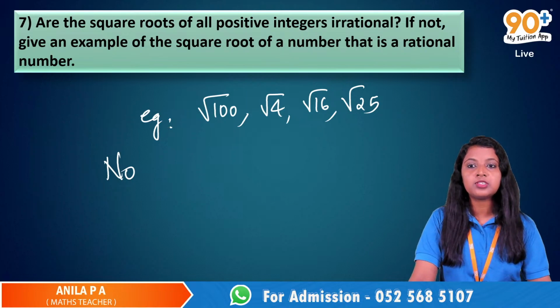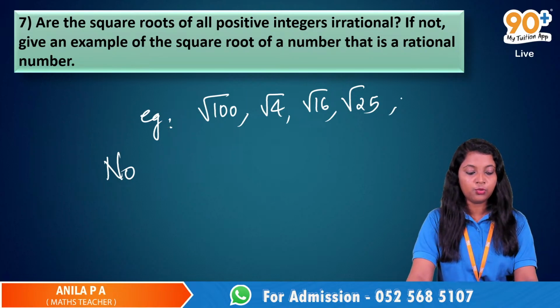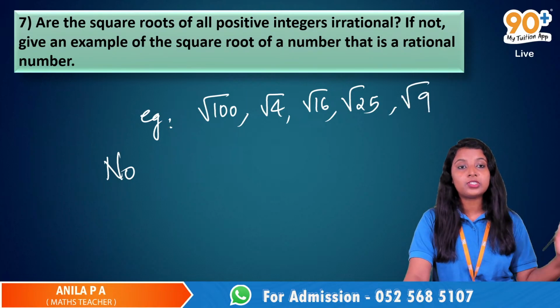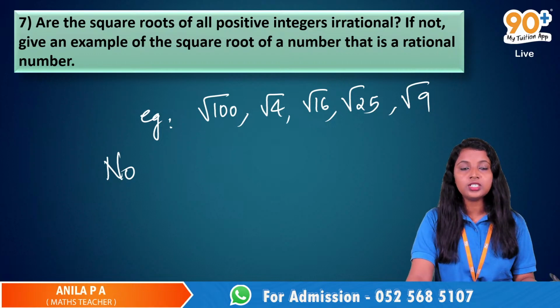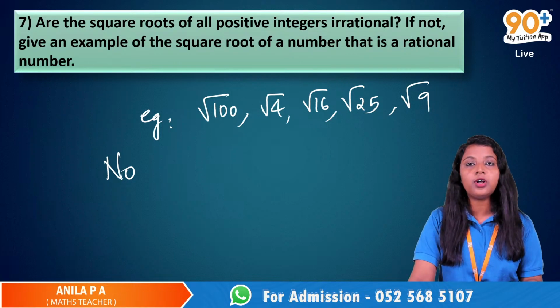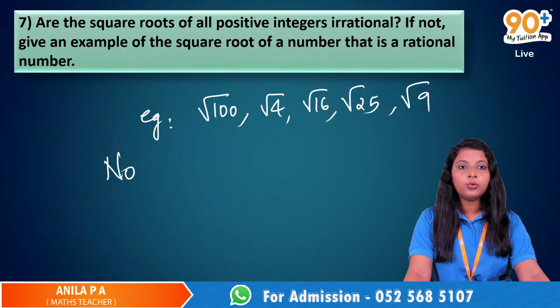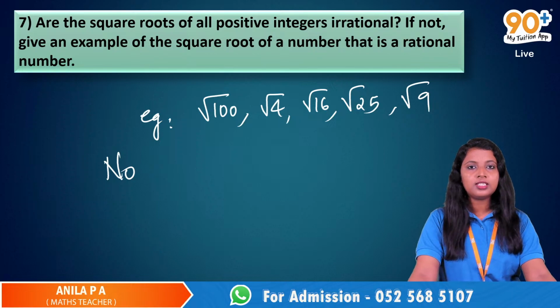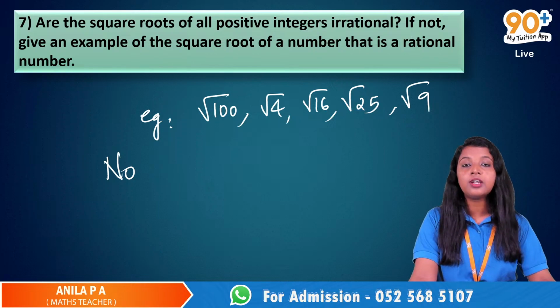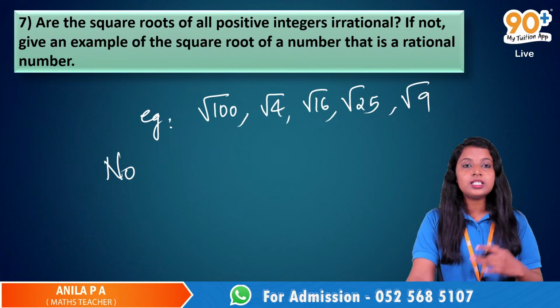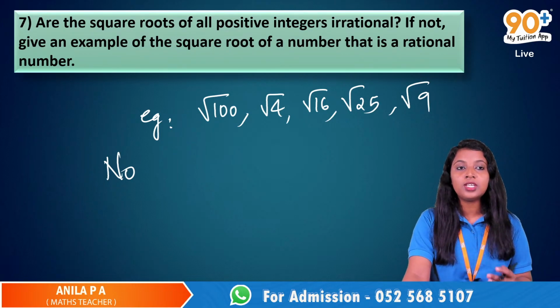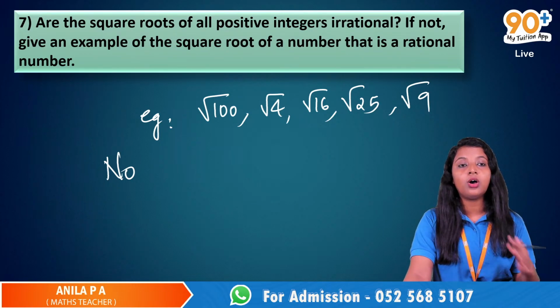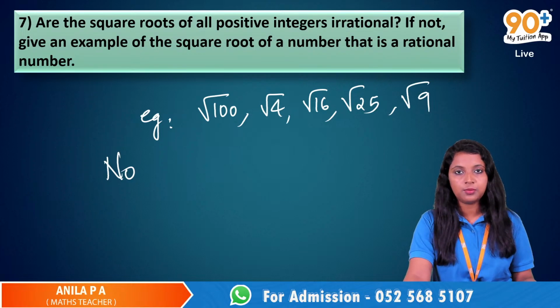All these are examples: root 100, root 9, root 16, root 25, root of any perfect square. You can just write root of any perfect square or just write some examples. Root 100, root 4, root 16, root 25, root 9, root 81, all these are roots of perfect squares. They are all positive numbers. So we can say that the square roots of all positive integers are not irrational always. Sometimes they can be rational numbers.